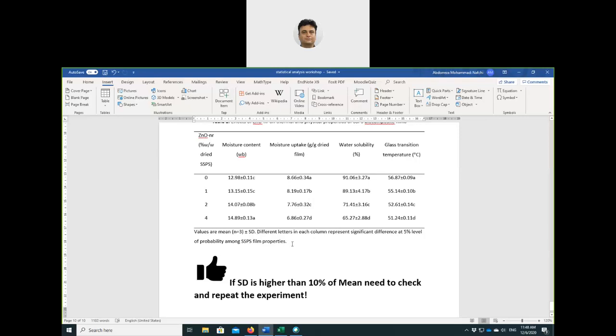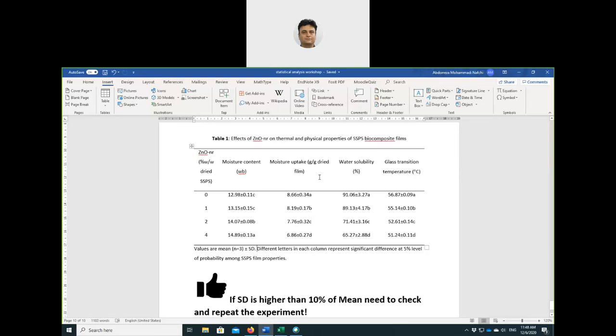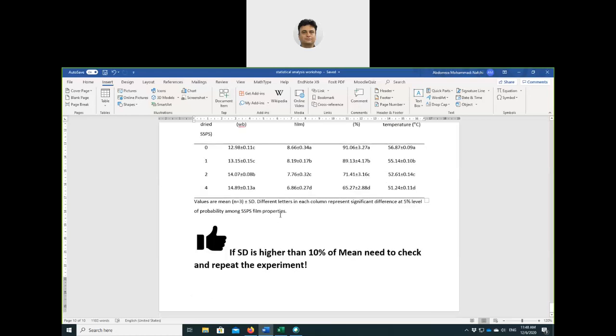In figures and tables you need to mention the descriptive statistics and inferential statistics together, meaning that you're reporting your analysis in the correct way. So if you want to report, you need to check all of your tables and all of your figures, and then report correctly.